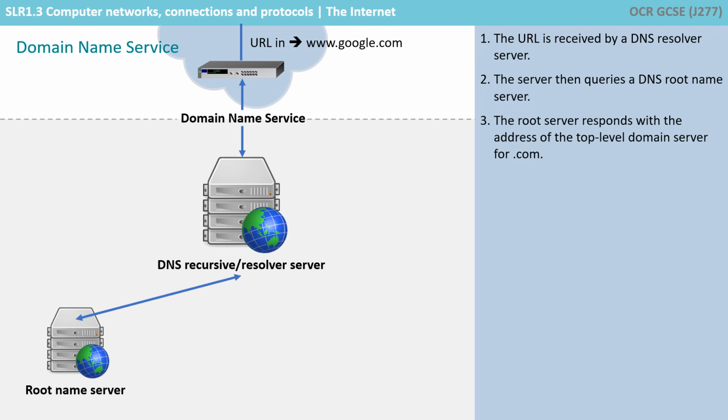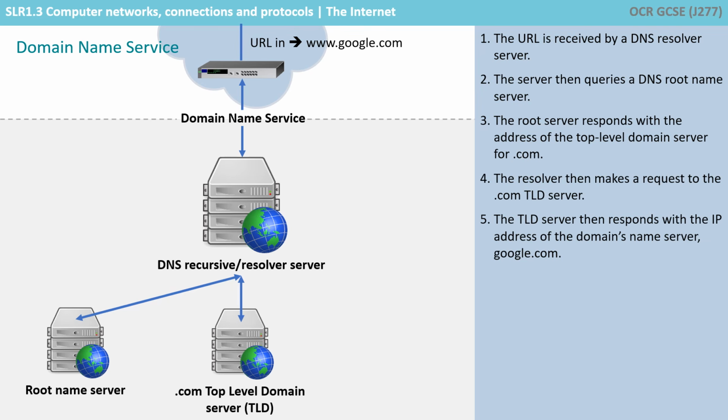This server then queries a DNS root name server. The root name server responds with the address of the top level domain name for, in this case, .com. The resolver then makes a request to the .com top level domain server, or TLD. The TLD server then responds with the IP address of the domain's name server, in this case google.com.